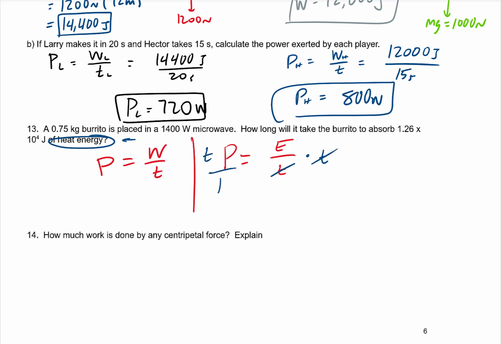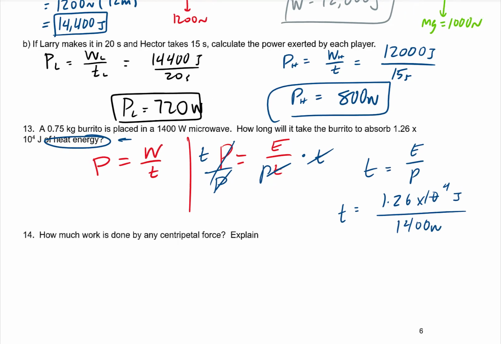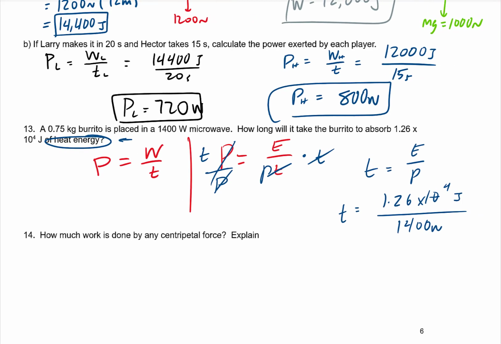So time is now on the top. We want to isolate it, so we'll divide both sides by P. So that time is energy over power. So that time is 1.26 times 10 to the 4th joules of heat divided by the power of 1400 watts. So putting that into your calculator, that time comes out to be 9 seconds.